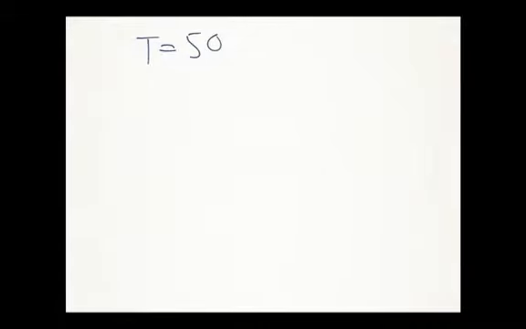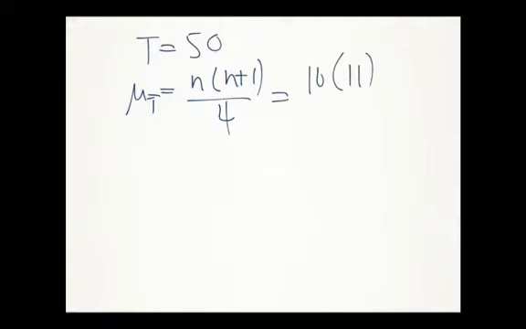Now, mu sub t is the expected value of the sum of the ranks. What is that equal to? Remember that mu sub t, we said, is equal to n times n plus 1 divided by 4. N here is 10, so 10 times 11 divided by 4. That's 110 divided by 4, which is 27.5.